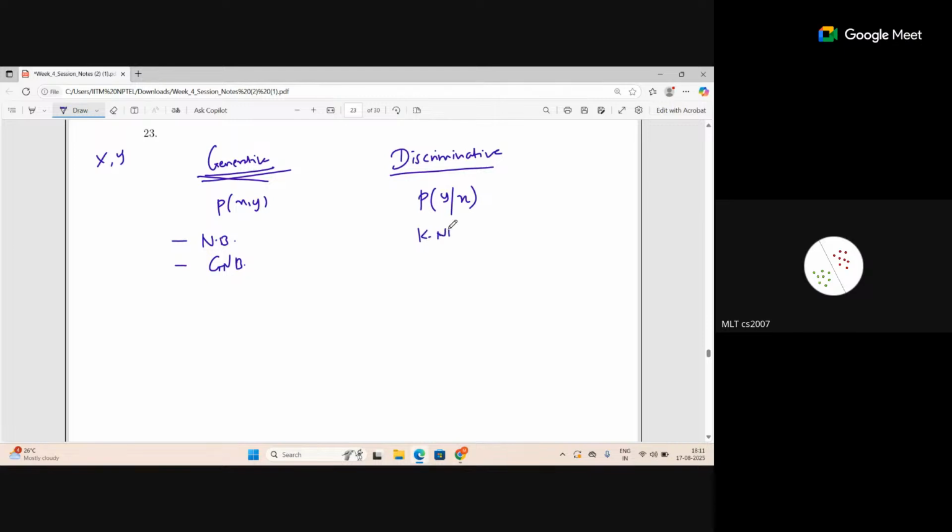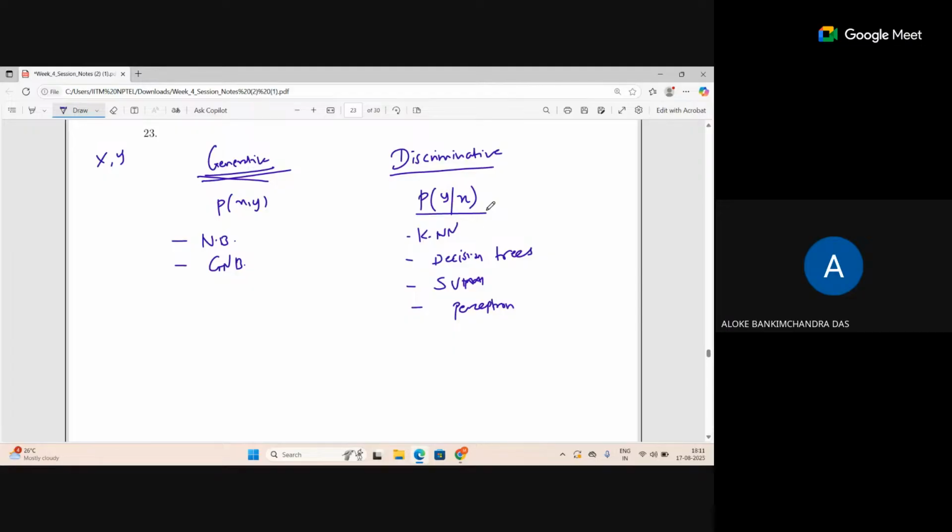K nearest neighbor. Then I think we learned about decision trees, logistic regression, perceptron, SVM. All of that comes under discriminative, where we try to find out these probabilities. So, given the data set, we try to predict the label.